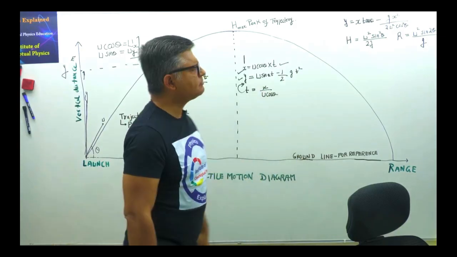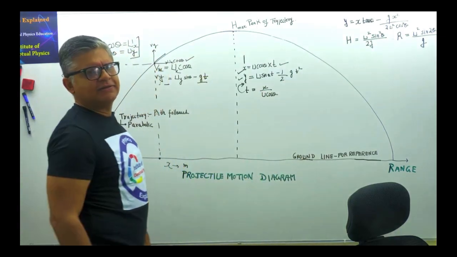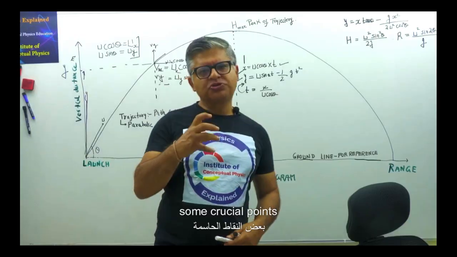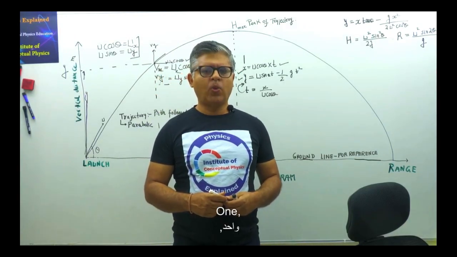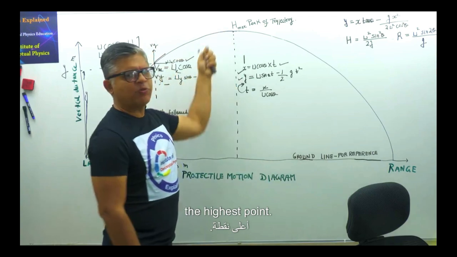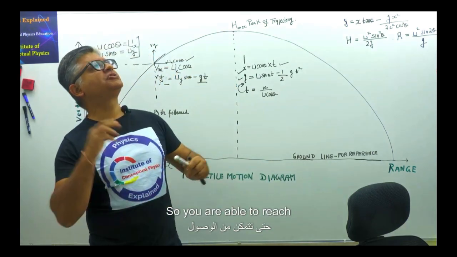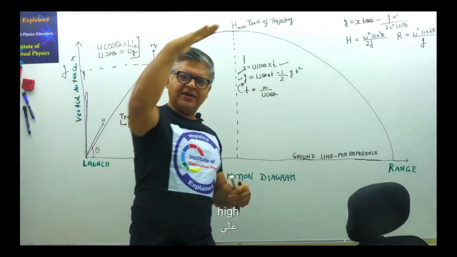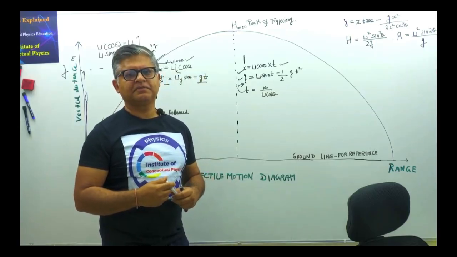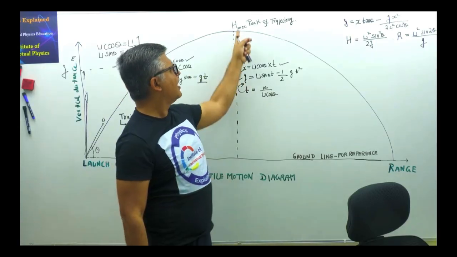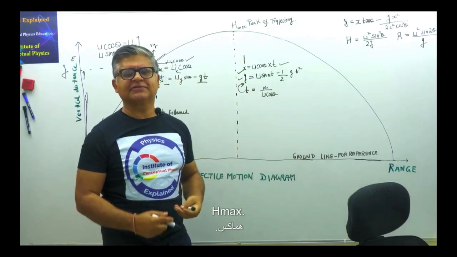All right. Also, when I started, I mentioned some crucial points on the projectile motion. One, the highest point. So you are able to reach the very high point of the projectile. The highest point is called Hmax.